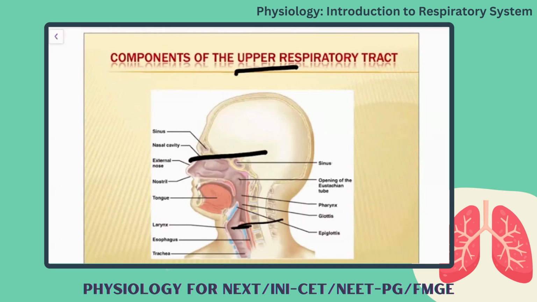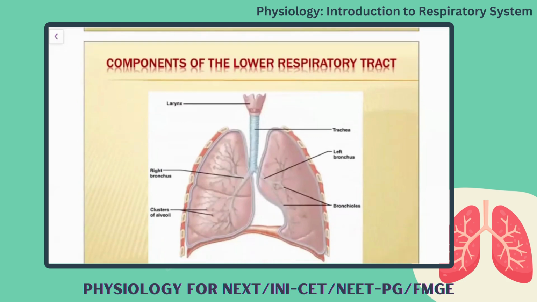If there is any infection or any other abnormality of respiration related to the structures between the nose and the larynx, you term it upper respiratory tract infections or upper respiratory tract problems. The structures beyond the larynx until the alveoli, if you encounter any abnormalities, you term them lower respiratory tract disorders. So based on the anatomical division, we bring the respiratory system into the upper and the lower respiratory tract.